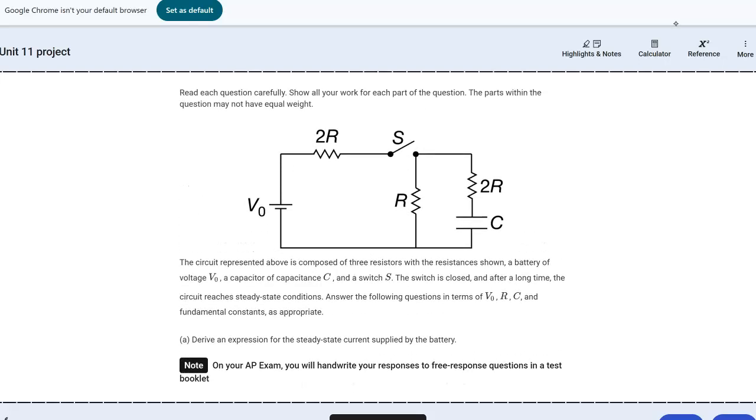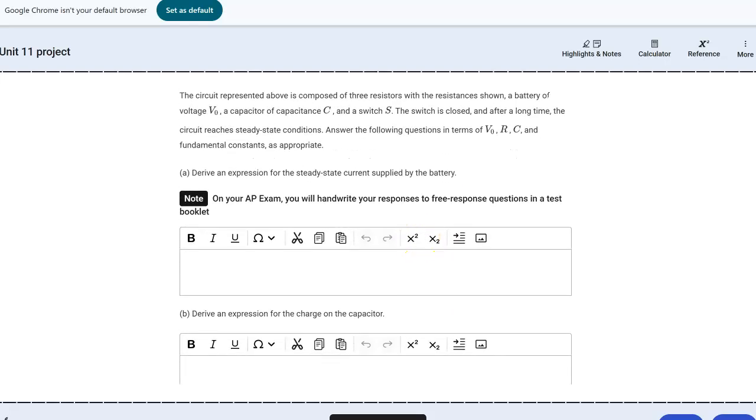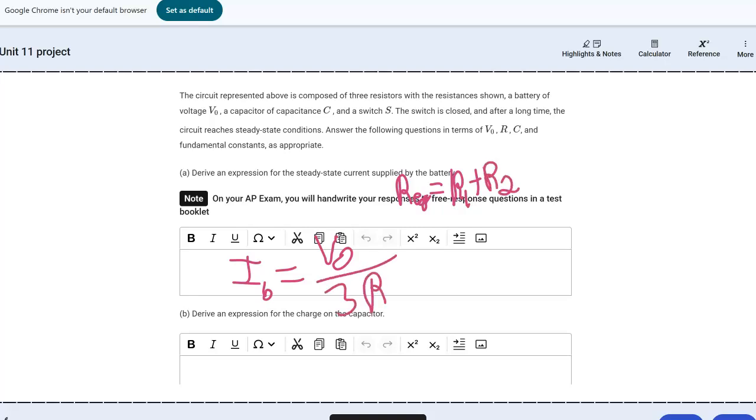So then the battery is just going to see this 2R plus R. So I battery equals V naught over our equivalent resistance in series, which is just R1 plus R2, which would be 3R. That's A.